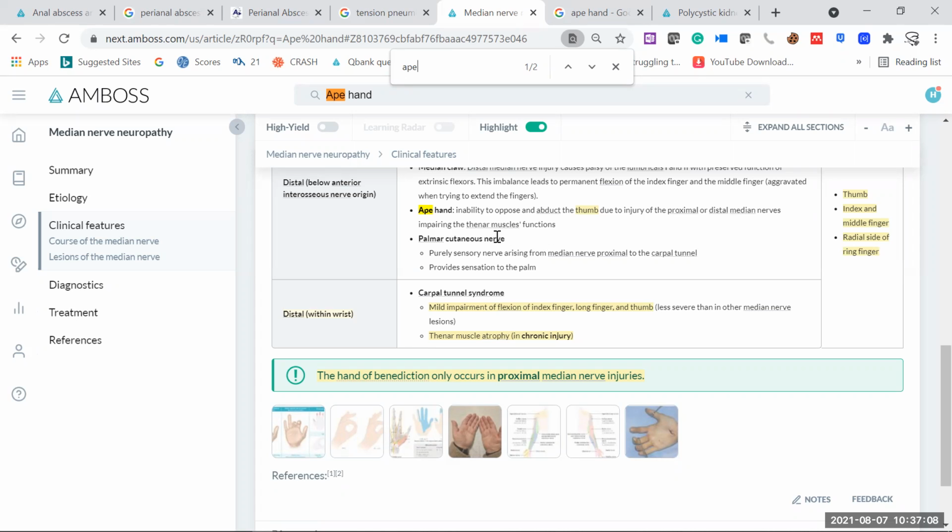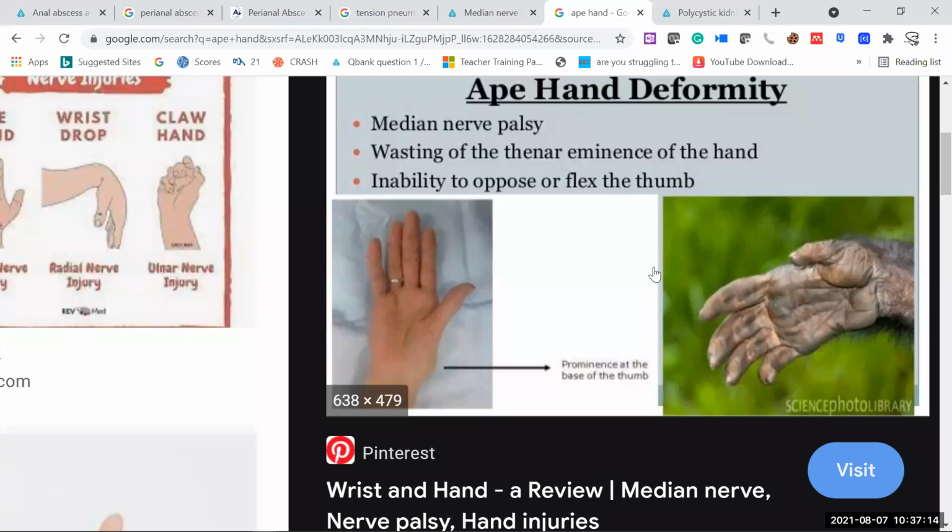Thenar means thumb muscles and hypothenar means little finger muscles. Then what you will see in this presentation is the prominence at the base of the thumb. Here the nerve is not going to activate these muscles, the lumbricals, the hand muscles, and that's why there will be no abduction of this finger. It cannot oppose, and the hand will be straight like this. This is called ape hand.